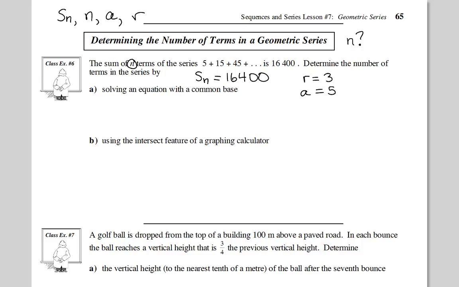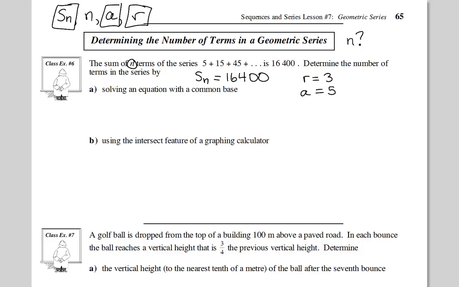Right now we have Sn, A, and R. So do we have three of the four? Okay. Now in math, if your unknown is in the exponent, you need this thing called logarithm, which isn't taught till the 30 level math. So you need to use your graphing calculator as a tool, technology, or there's this strategy with algebra called the common base, which only works out if it's nice numbers, which usually should work out with these.